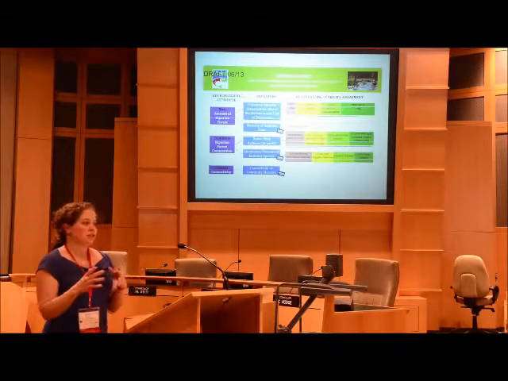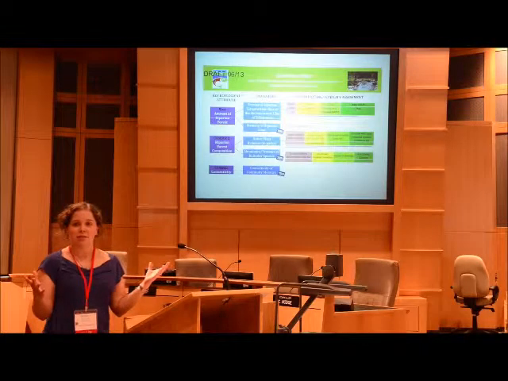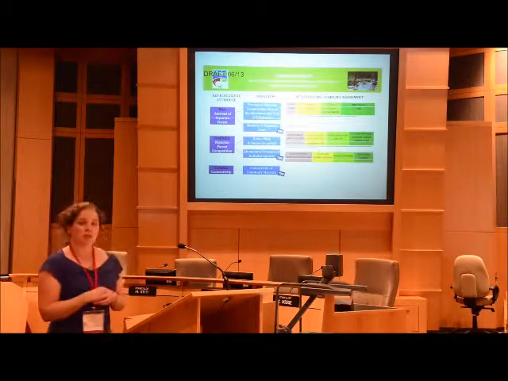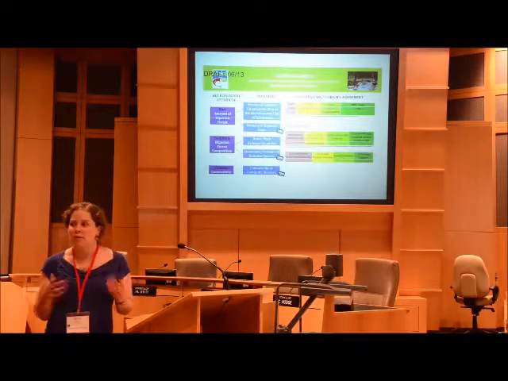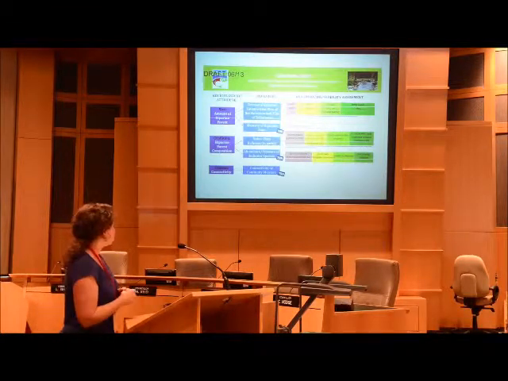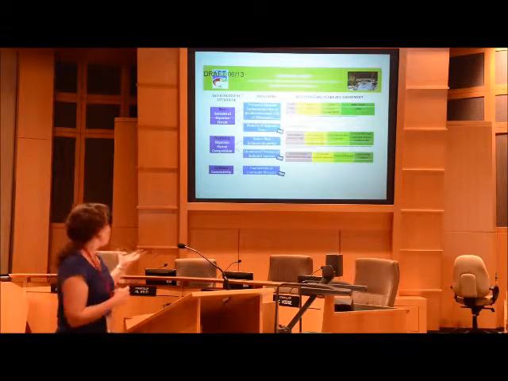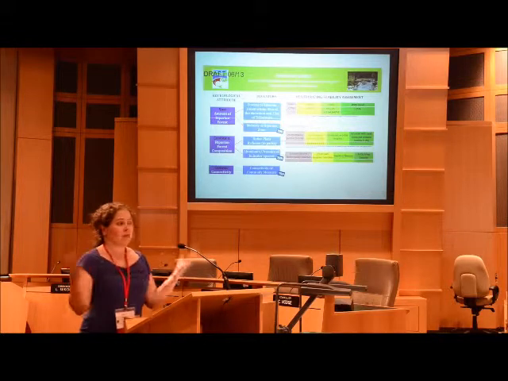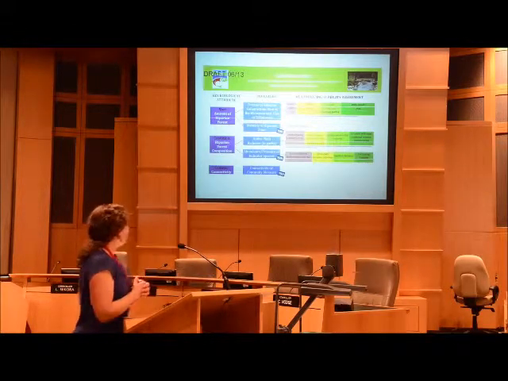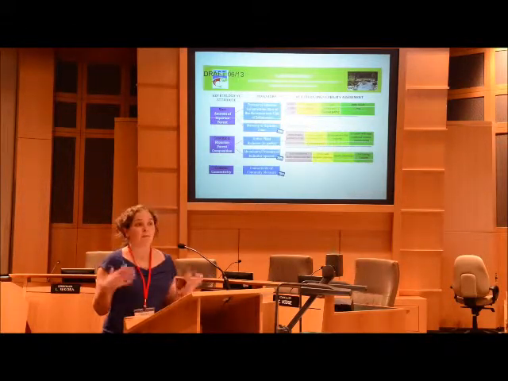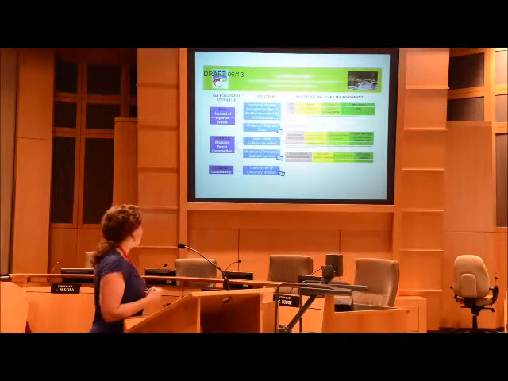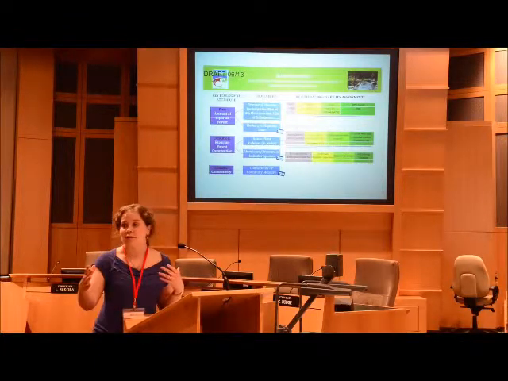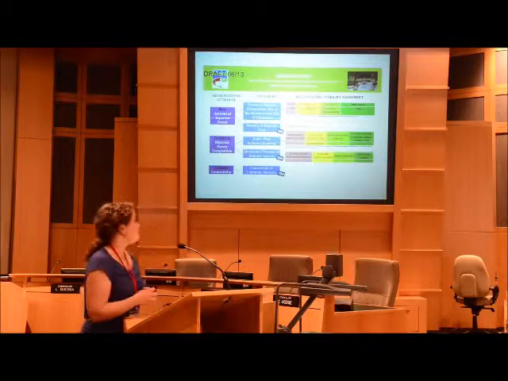Attributes generally describe the size of the component, the condition of the component, and the context in which the component sits. So if you think about riparian forests, the size describes how much riparian forest we have. The condition describes the composition of that forest, and the context describes the connectivity of the riparian zone.